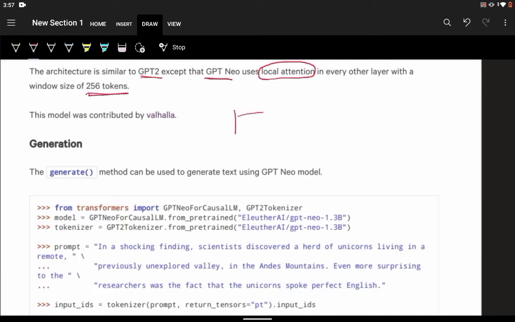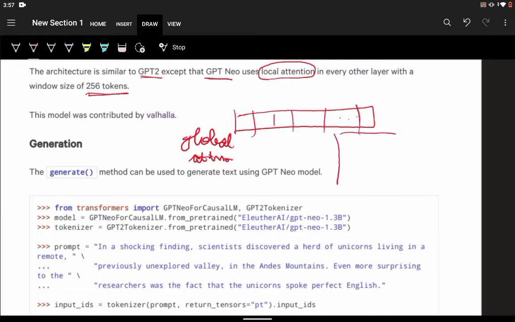So in global attention, basically, global self-attention, every word attends to every other word, right? If you have an attention mask, these are words W1, W2 till Wn, and this is W1, W2, Wn. So every word attends to every other word. So it's basically an O of n square kind of attention.